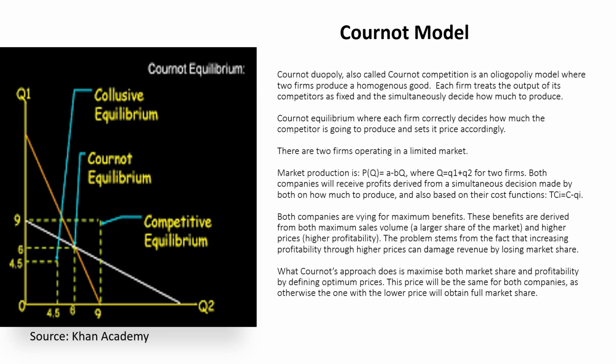So what Cournot's approach does is maximize both market share and profitability by defining the optimum prices. And the price will be the same for both companies. Otherwise, the one with the lower price will obtain the full market share. So Cournot's equilibrium is shown in the graph here. If they were colluding, they could achieve much higher profitability.